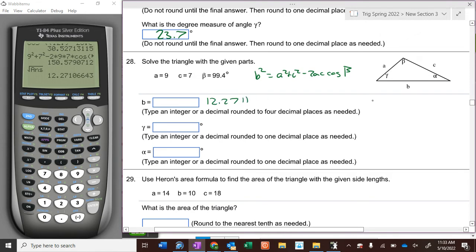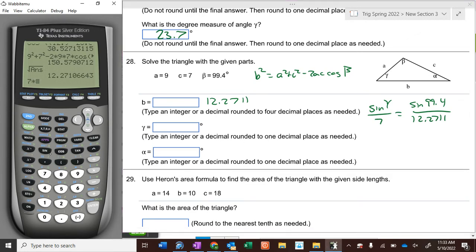Then you can just use law of sines to figure out y. So the sine of y over the opposite side c, 7, equals the sine of 99.4 over 12.2711.